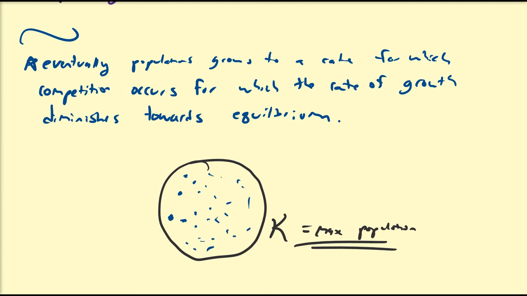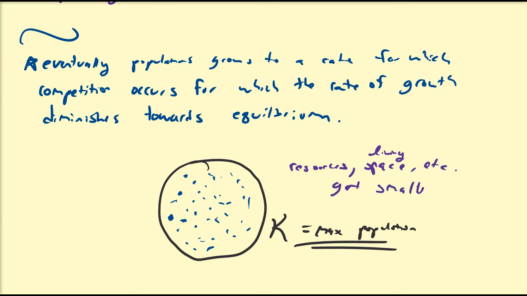But once you start to fill this set up and we get closer and closer to this value of k in terms of the population size, the number of resources tends to diminish extremely quickly as well, right? So resources, living space, and so on get smaller, right?